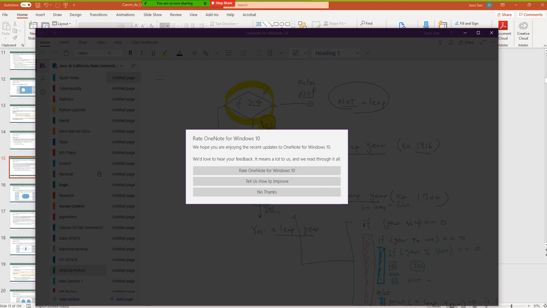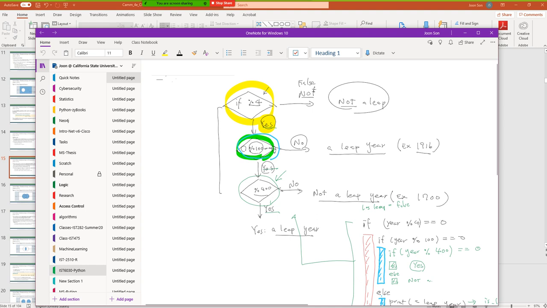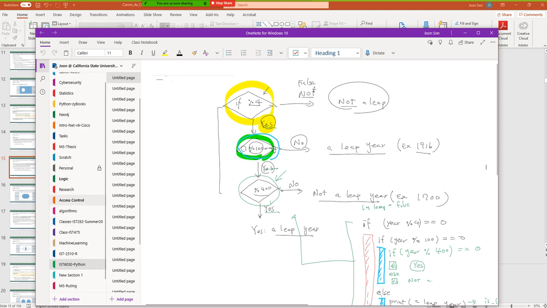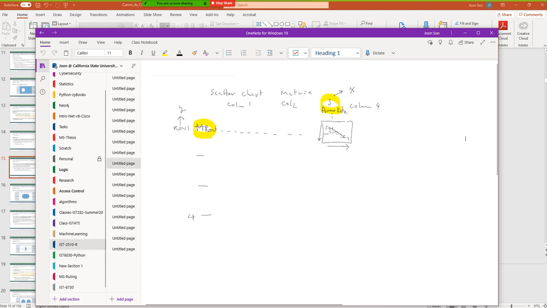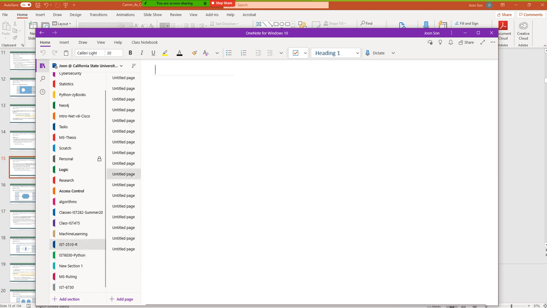So let me just draw the Venn diagram, because the Venn diagram is very important.